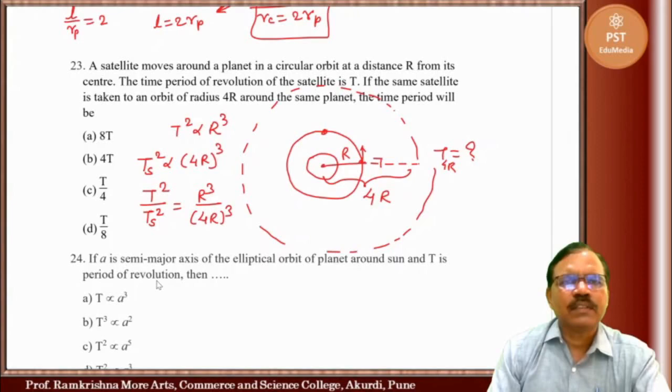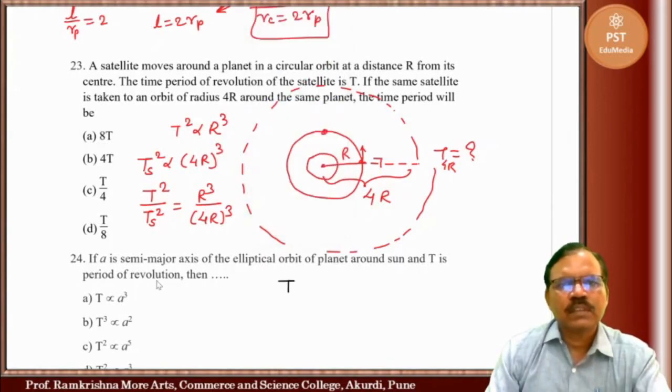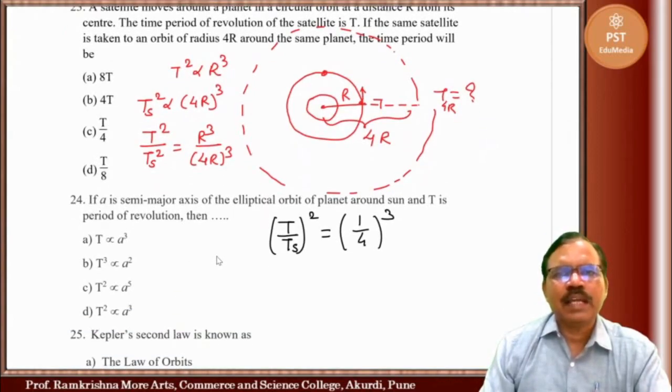So here we can write t upon Ts square is equal to (1 by 4) cube. So t upon Ts is equal to 1 by 4 raised to 3 by 2.